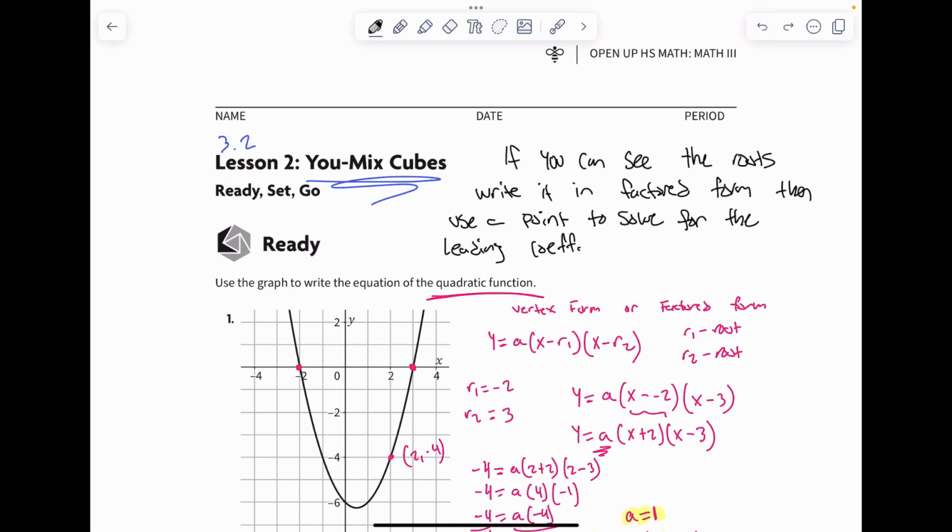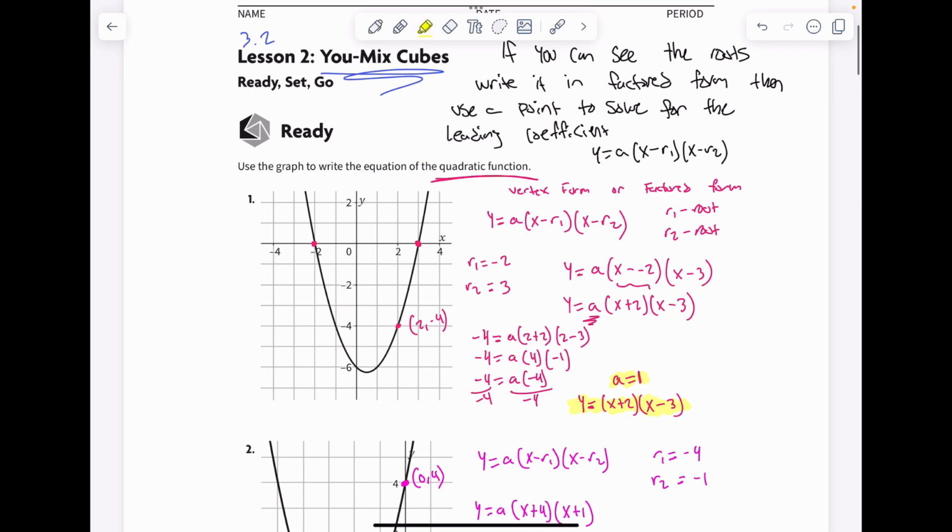How do you spell that? Coefficient. There you go. Cool. a(x minus r1)(x minus r2). Okay, this is my factored form.